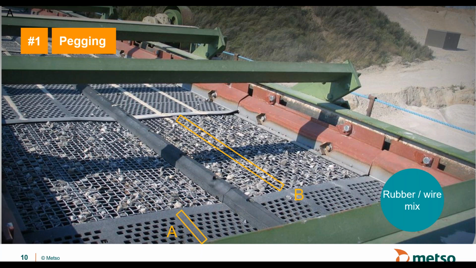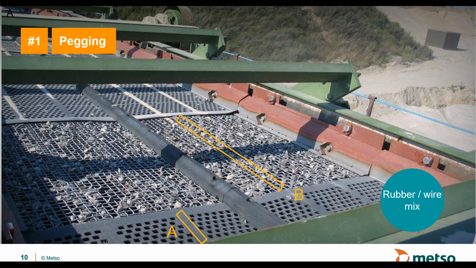But on a wire cloth, there is no blank area on top of the supports. So typically what you see is that pegging can start where rocks are wedged between the support and the wire. And from that point, it can tend to migrate away from that into the center of the area here.